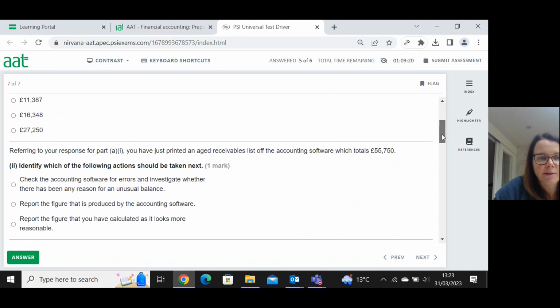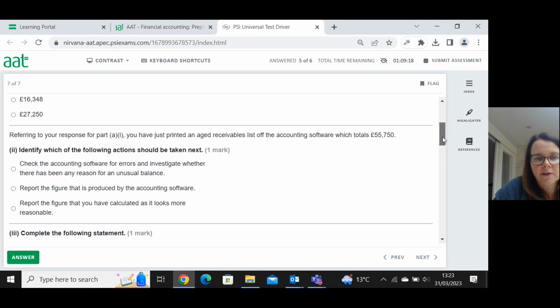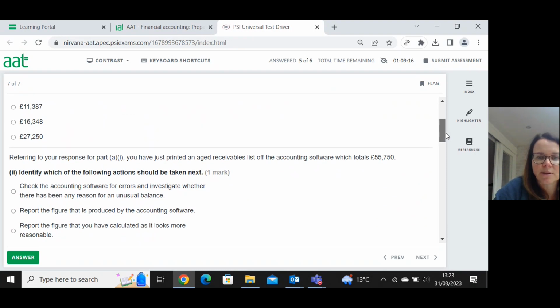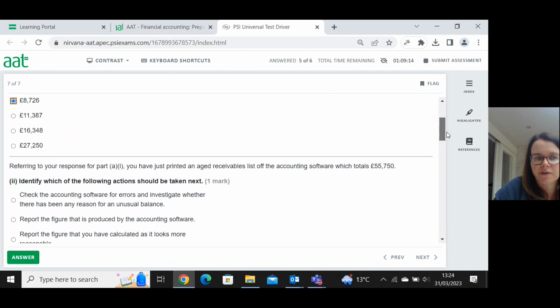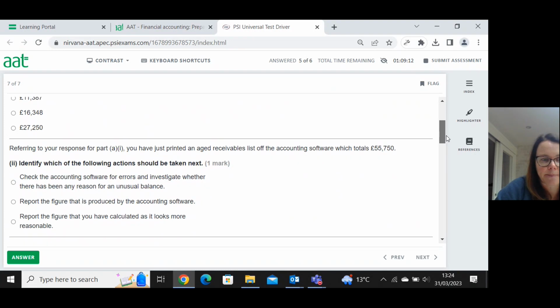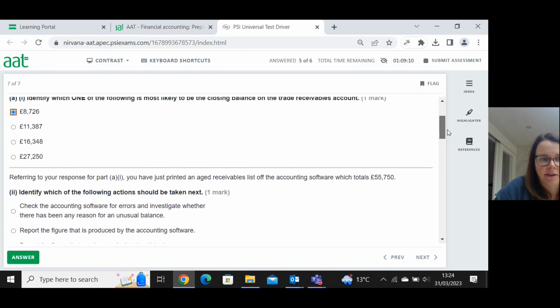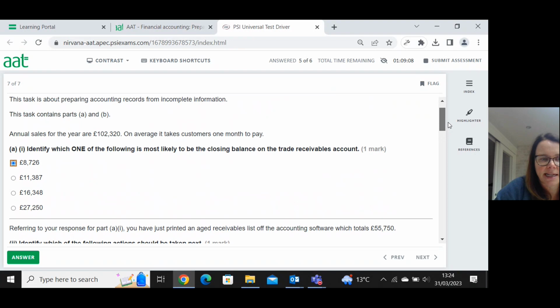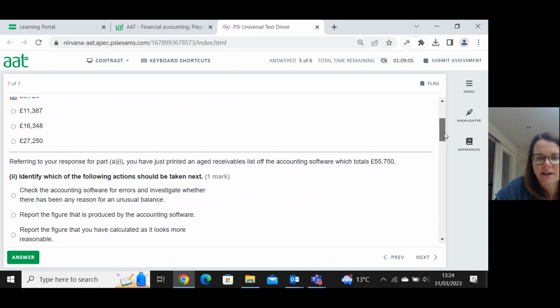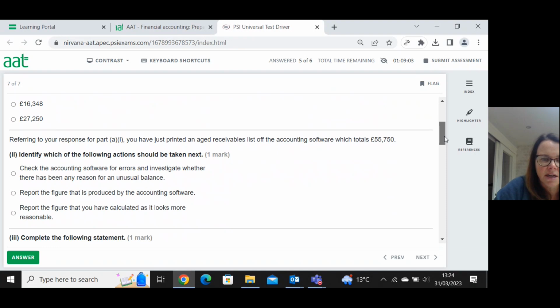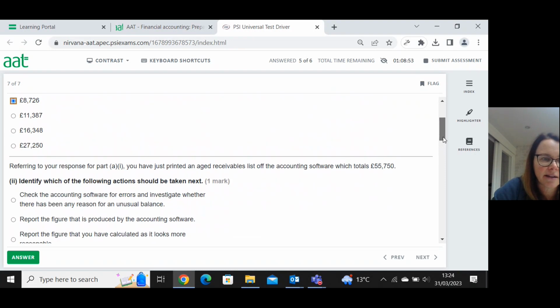Right, referring to your response for part A1, you have just printed an aged receivables list, which totals 55,750. So we were expecting it to be 8,726. It is 55,750. So which action would we take? Check the accounting software for errors and investigate whether there has been any reason for the unusual balance.